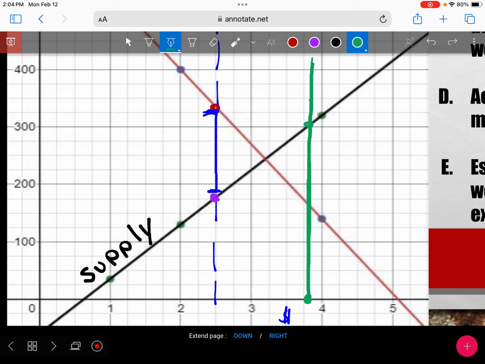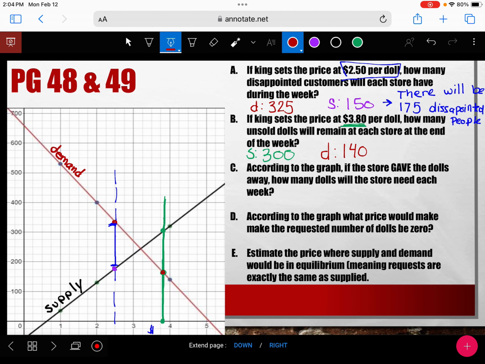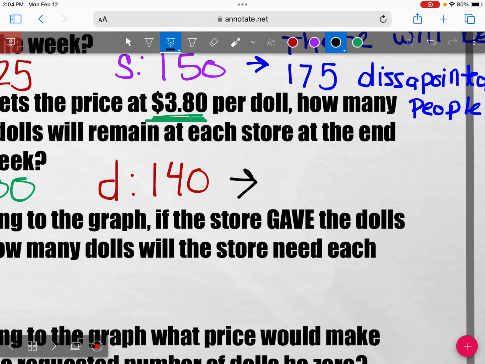Yeah, about maybe 140. So this time I'm not going to have disappointed people, but I'm going to have extra stock. How many extra dolls will the store have?